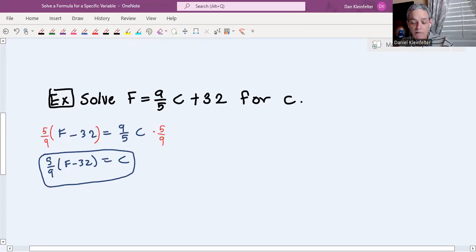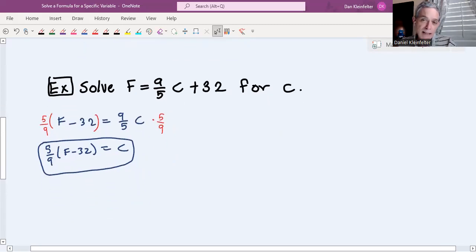By the way, if you're doing problems like this on an online homework system, not like a paper test or paper homework, you have to pay attention to how the software is expecting you to enter your answers.